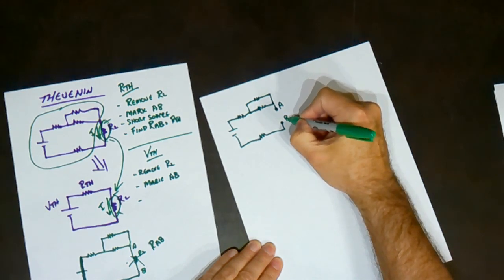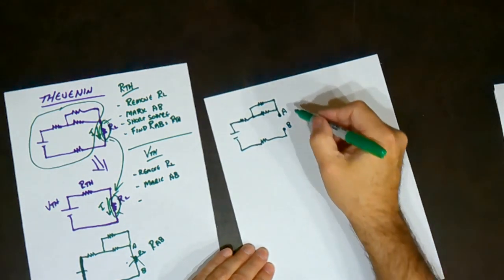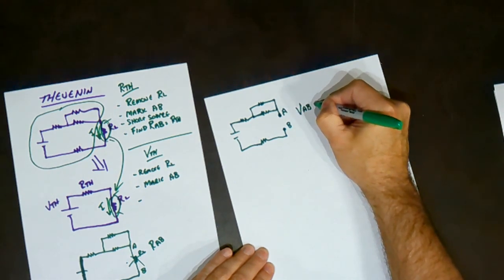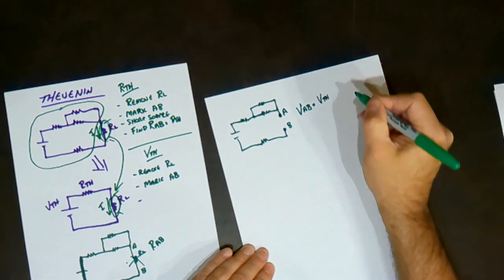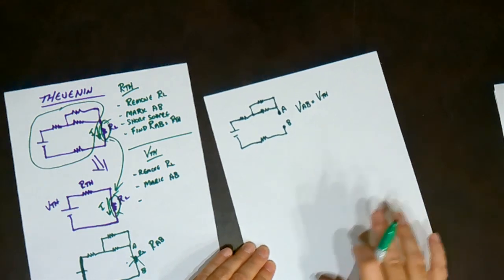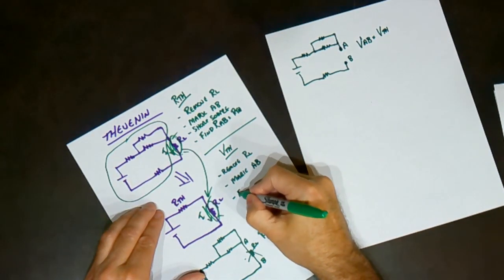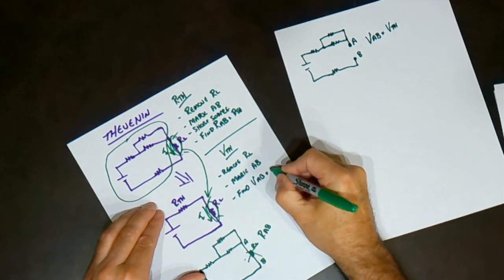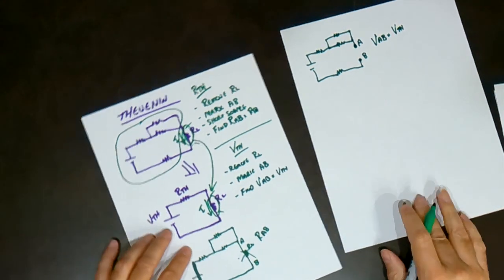Mark it A and B. Then in this circuit, you're going to find the voltage from A to B, and that equals Thevenin's voltage.